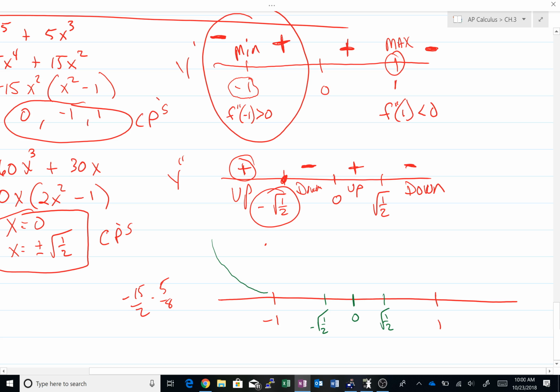Everywhere to the right of -1, all the way up to 1, I'm basically going to be increasing from now on all the way over to here. But as soon as I hit negative here, I'm going to switch to down. But I'm still up. I'm going to exaggerate it. I'm going to put little arrows here.